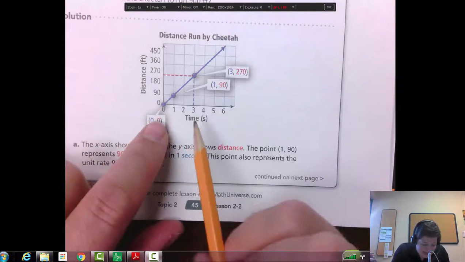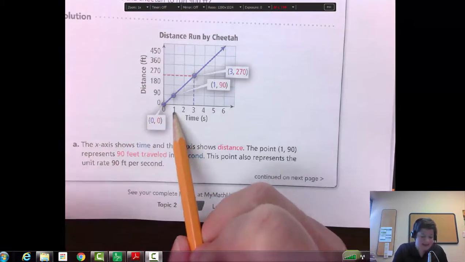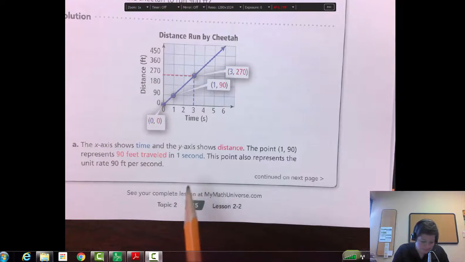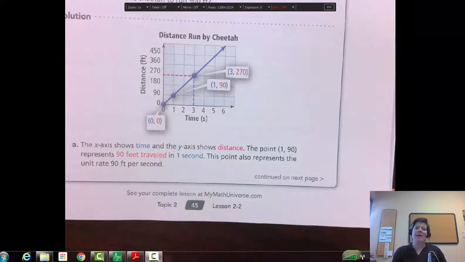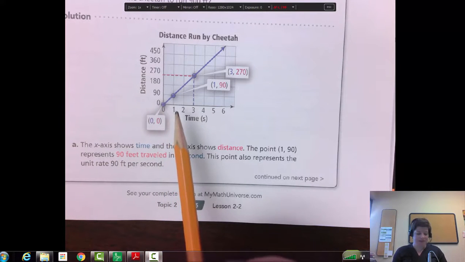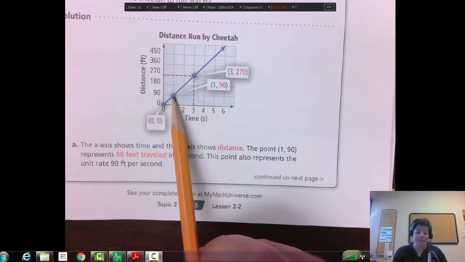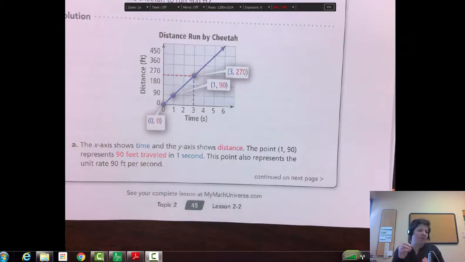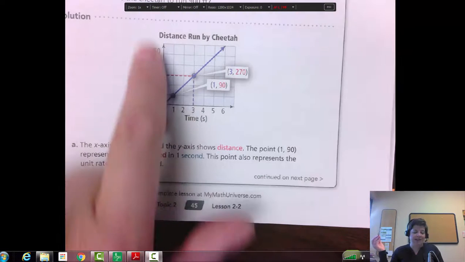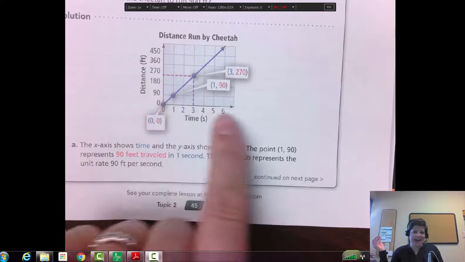What does it mean when I say I'm at 1? I think these are 1 second, seconds. Okay, what does it mean when I'm at 1 second? Where am I for distance? Well, I go up and look. I'm at 90 feet. All right, so you can look at the graph and find the relationship is 1 to 90 or 90 to 1, because you probably want to take y divided by x, right?